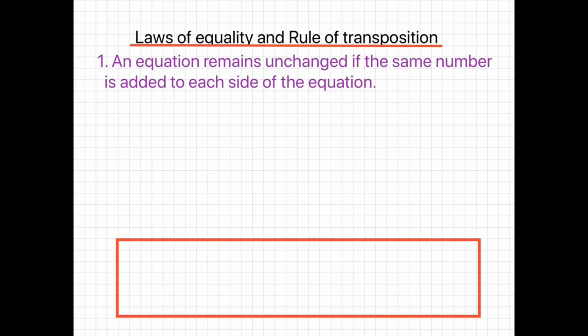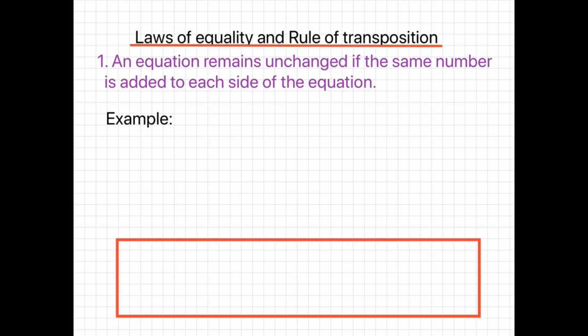Let us look at the first law of equality. An equation remains unchanged if the same number is added to each side of the equation. To understand this point, let us look at one example.